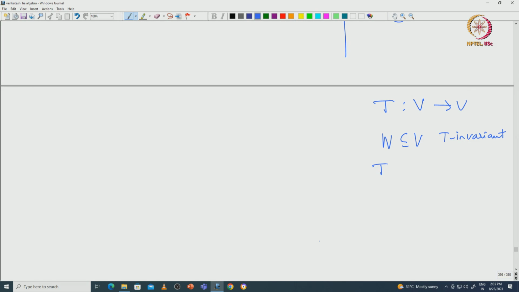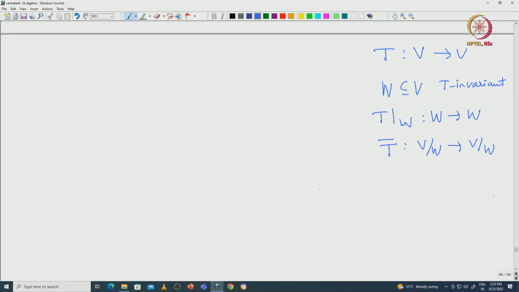Then you restrict T to W, that defines a map from W to W, and T also induces a map from V modulo W to V modulo W. So, you have two maps associated with this T if W is a T invariant subspace.